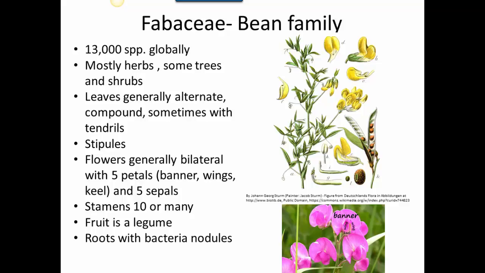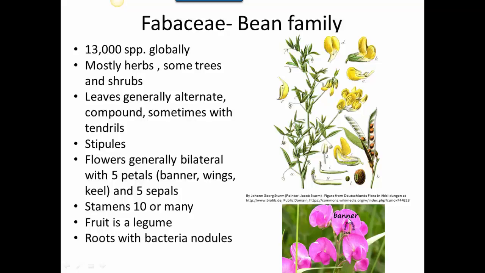Members of this family often have stipules, and stipules are leaf-like structures, although they aren't leaves, that come off the stem just as the leaf is coming off. So these would be stipules down here. The flowers generally have bilateral symmetry.